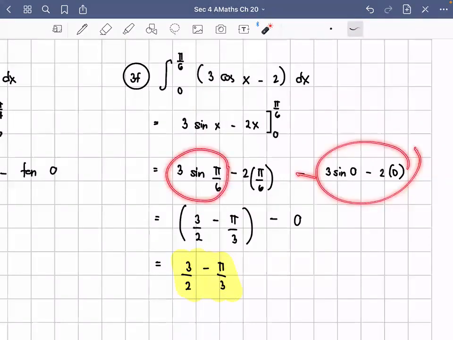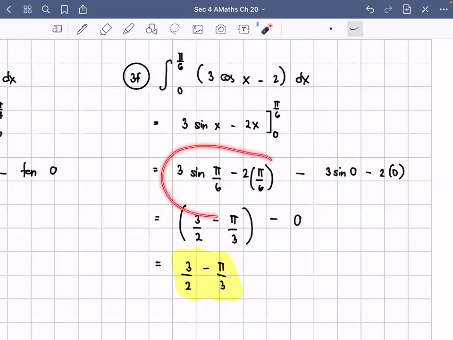So simplifying this, by the way, class, take note. You don't have to type this one straight in your calculator. Please answer them term by term. So type this, so you'll get 3 over 2. Then minus this one is pi over 3. Don't type this because you'll get a decimal. Usually we express our answers in terms of pi.